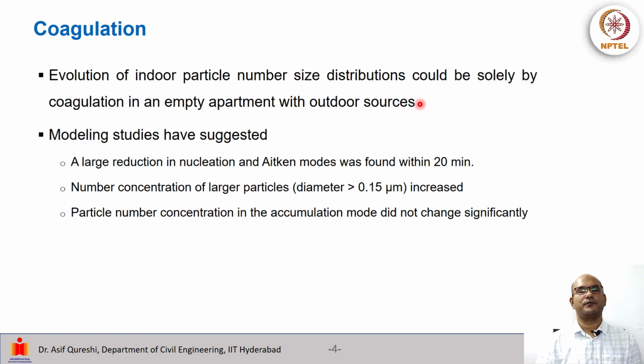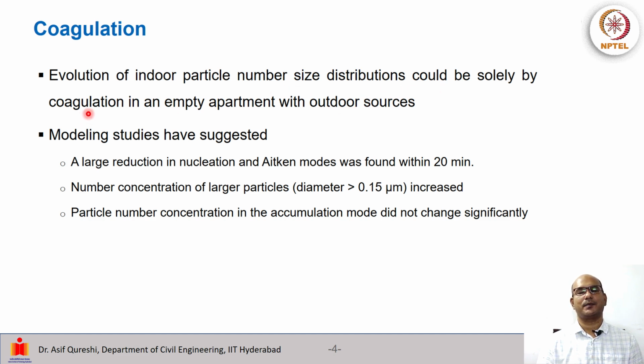The evolution of indoor particle number size distribution in an empty environment can just be through coagulation. So we have an empty apartment with only outdoor sources, and the indoor air will have some particle size distribution. If that distribution is changing and deposition is negligible, then the only way the number size distribution can change is coagulation.